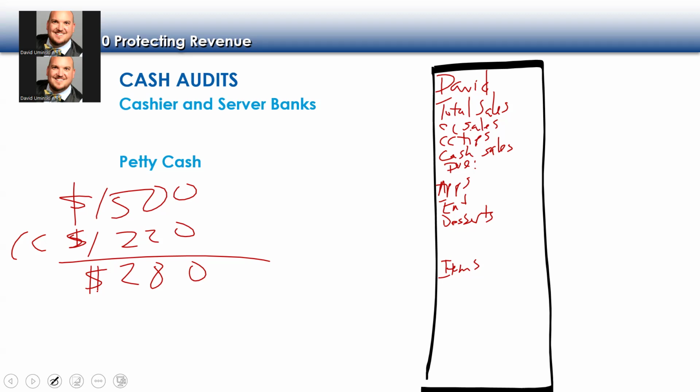Does everyone see how we get that? So when I turn in my big paper receipt, I'm going to turn that in with $280 in cash as my responsibility.